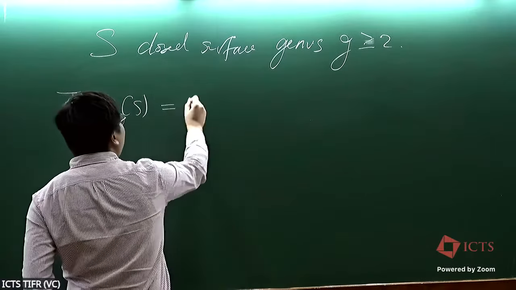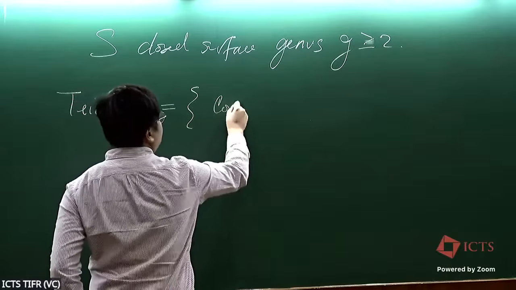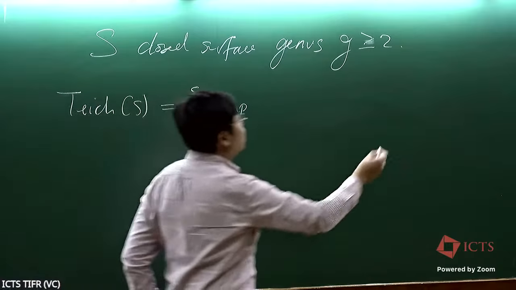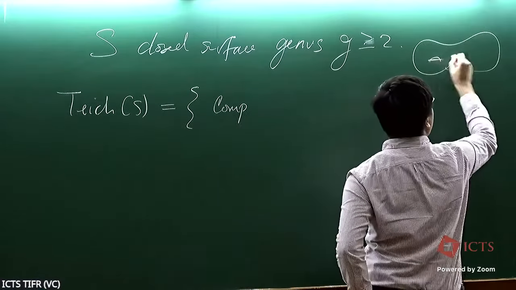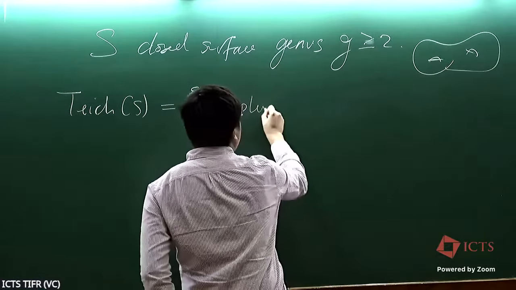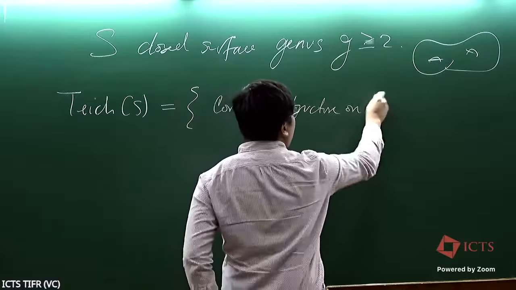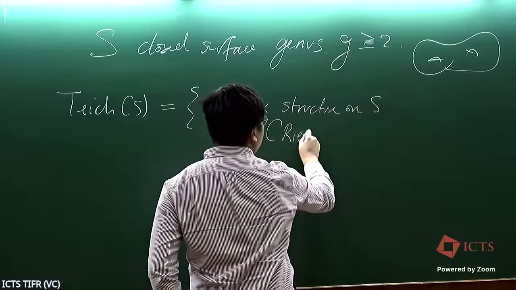The first definition I'll give is complex structures on my surface. Right now, S is just a smooth surface with some topology, no additional assumptions. But of course I can endow this with a complex structure on S, also known as a Riemann surface.